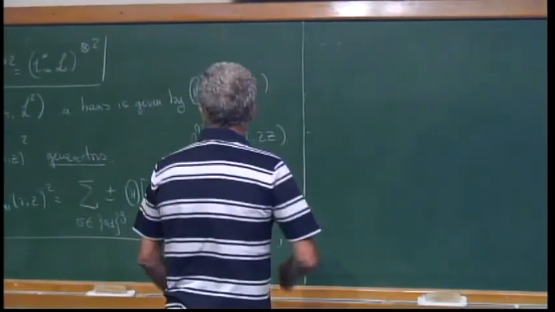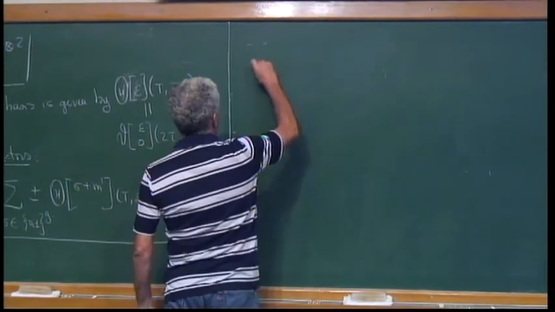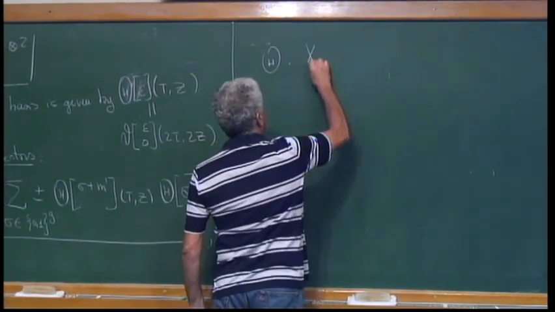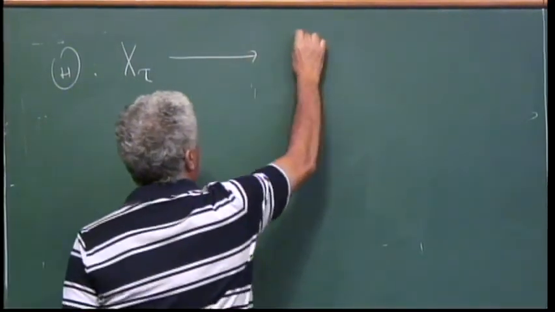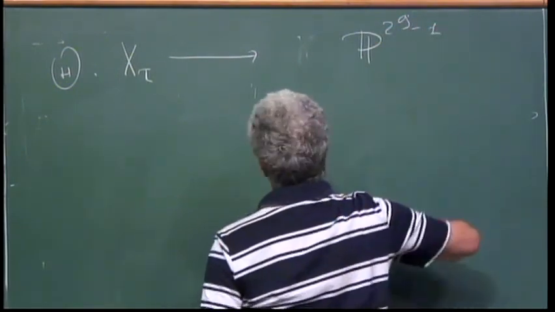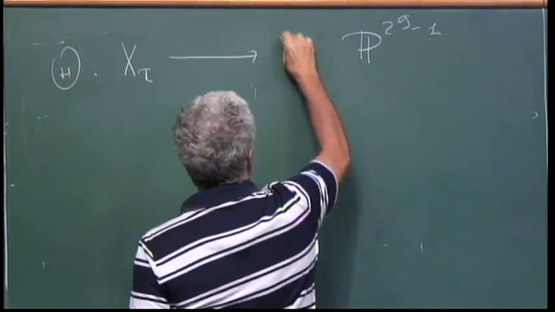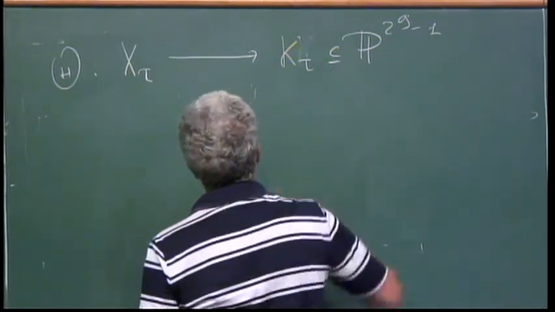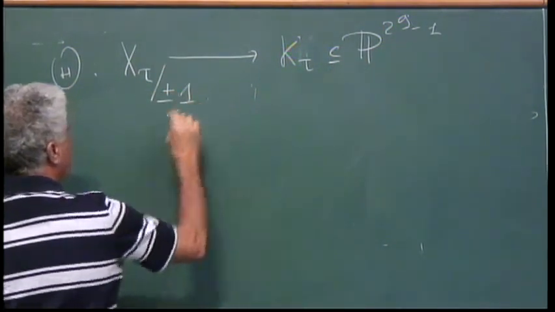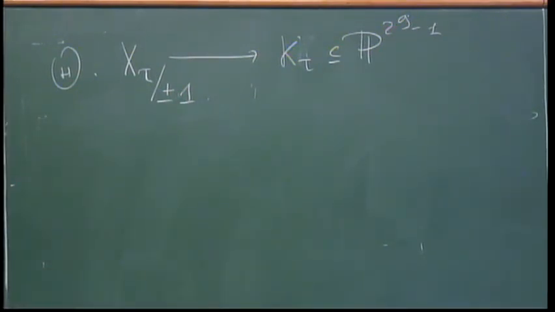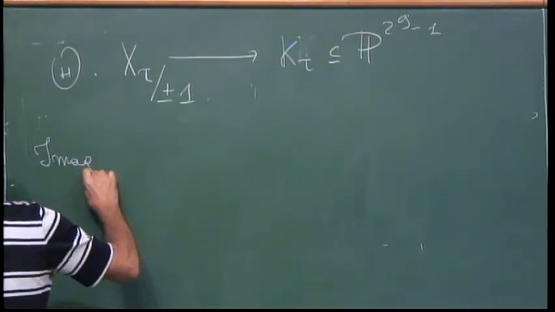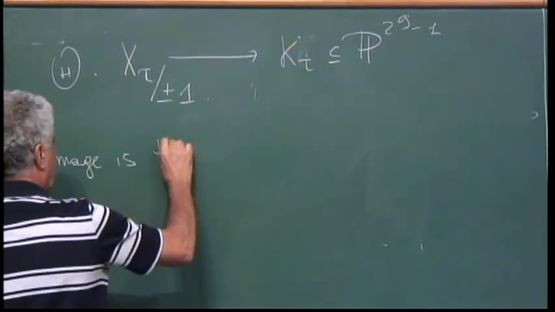If you consider these theta functions, they give a map, capital theta, that goes from X tau to P^(2^g minus 1), in such a way that the image here, so this map factorizes over plus or minus 1, and the image here is just the Kummer variety.